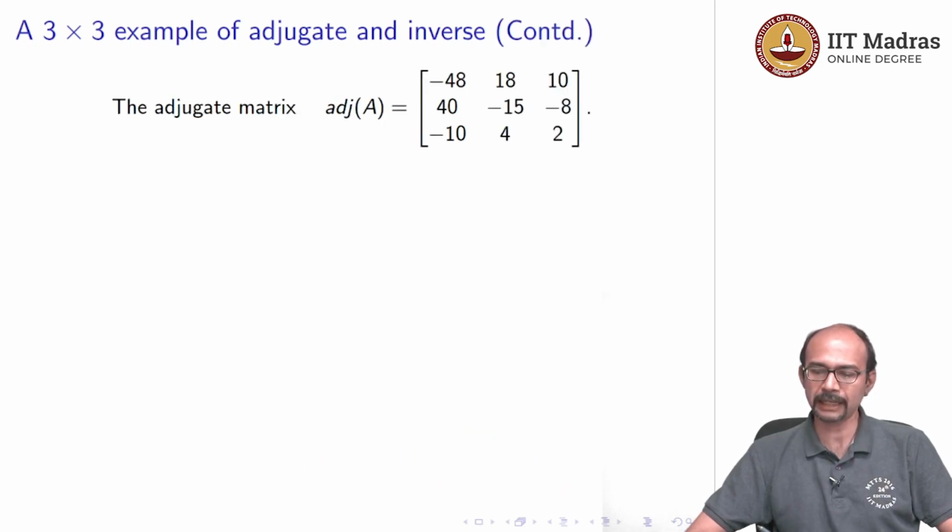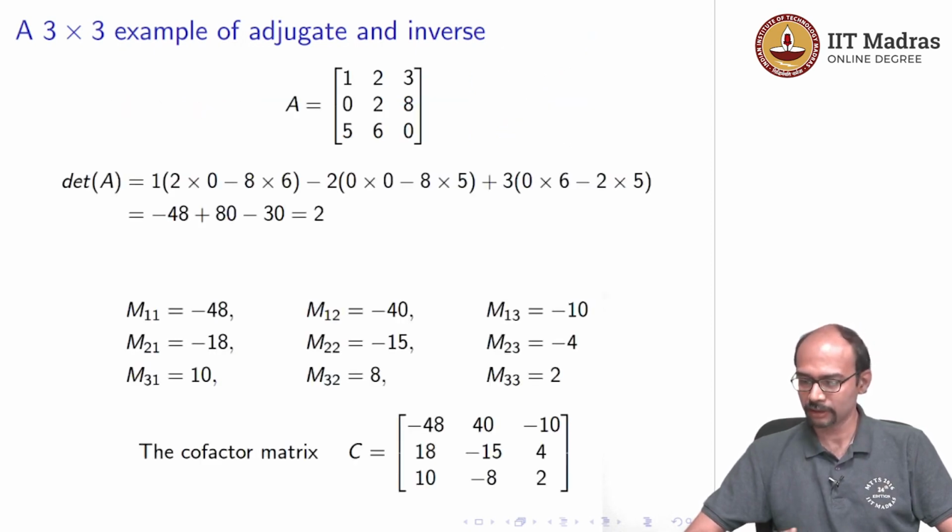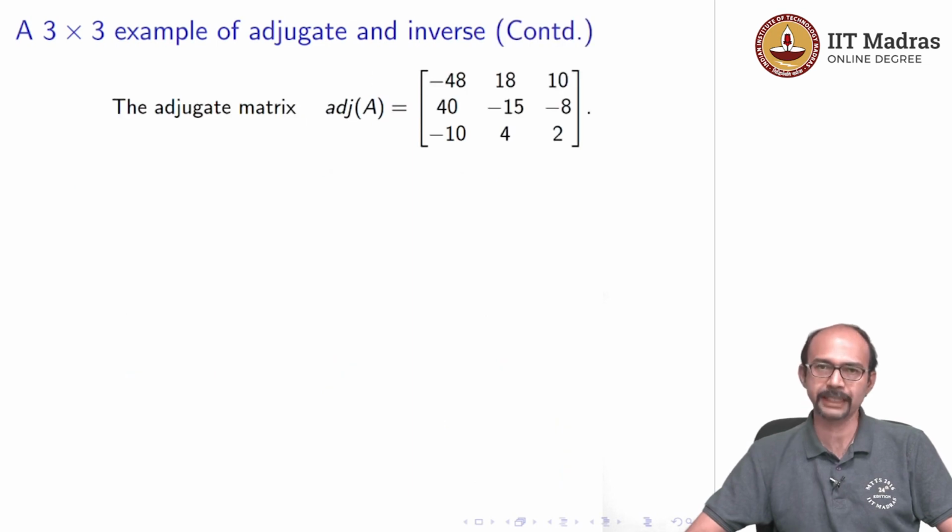And then to get the adjugate matrix, you take this same cofactor matrix. Let us just see what that was. That was minus 48 40 minus 10, 18 minus 15 4, 10 minus 8 2, and you flip it over the diagonal, you take its transpose. So, your minus 48 40 minus 10 became now the first column.